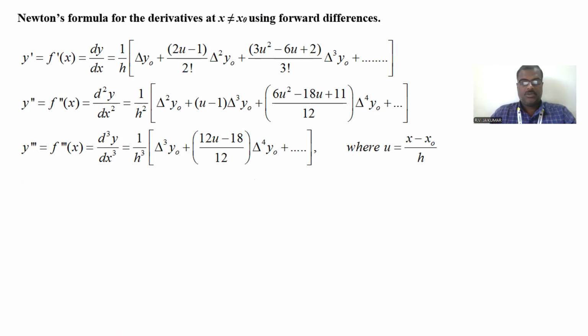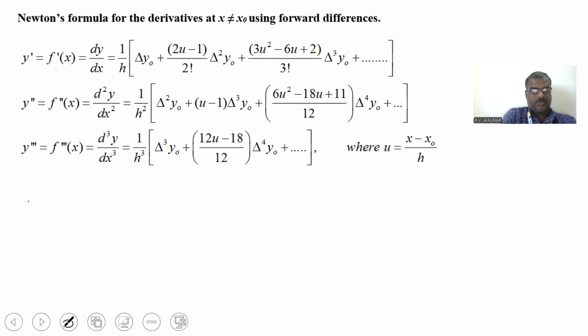To tell you, in the problem, they will give you some data such as x and y. The values of x and y will be given in the question. For example, x is 0, 1, 2, 3, 4, and 5, followed by y, which is given in the question itself, that is y equals f of x.